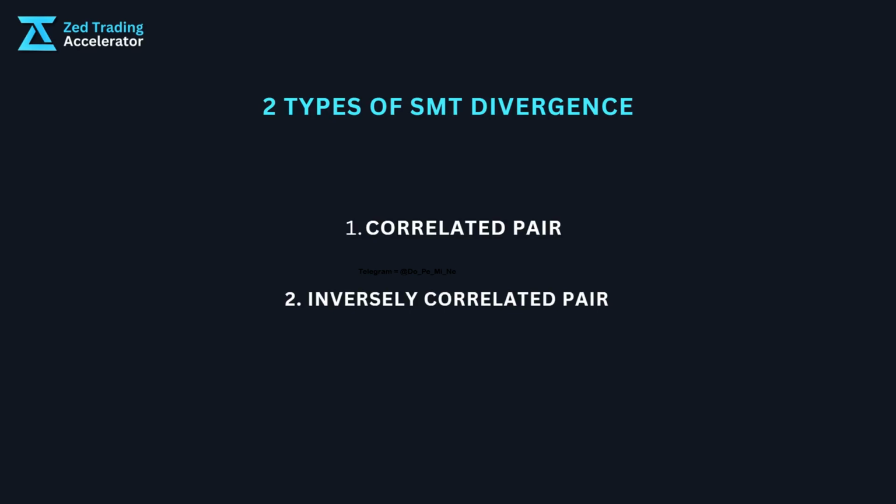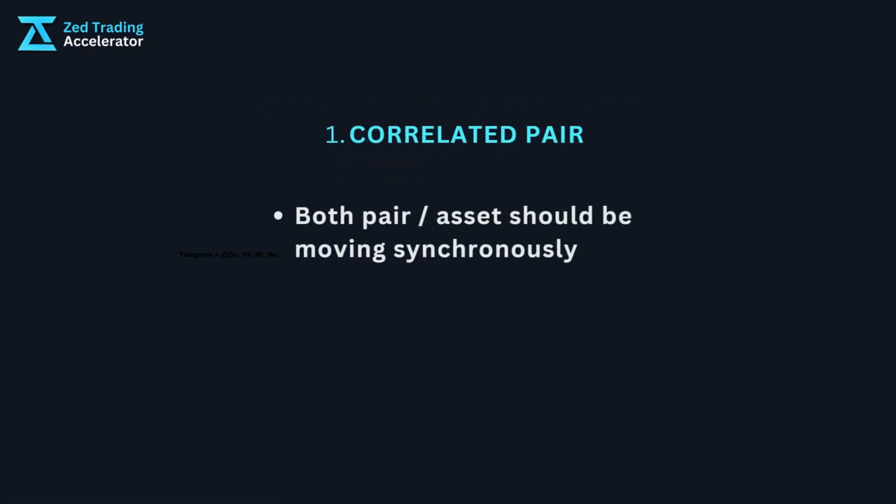And our second type of SMT divergence is inversely correlated pairs. Alright? These are pairs or assets that also move identically with each other, but the charts of them are inverse to each other. I will explain it to you in the coming slides.